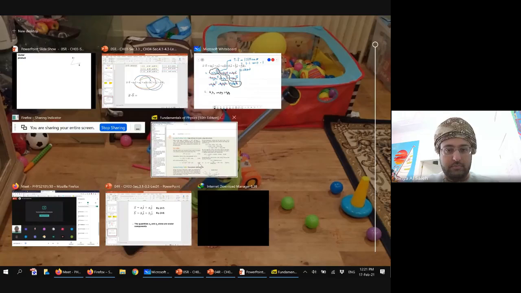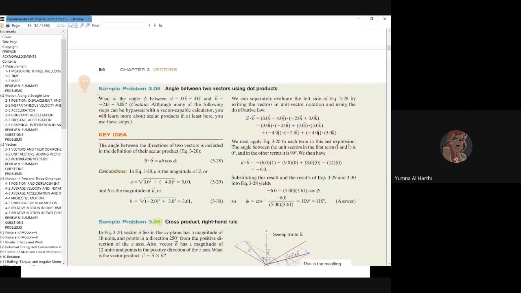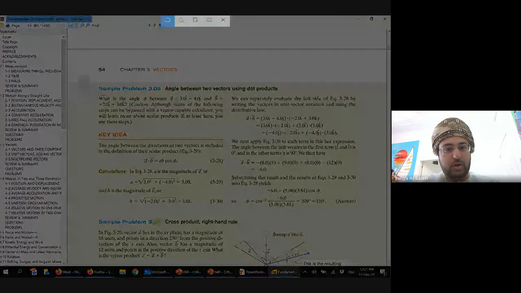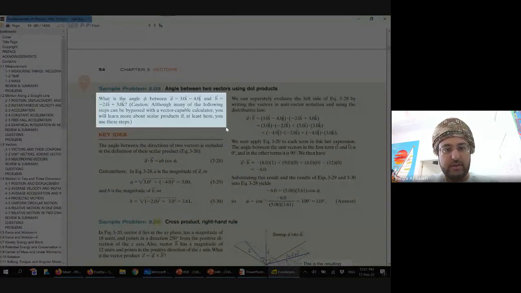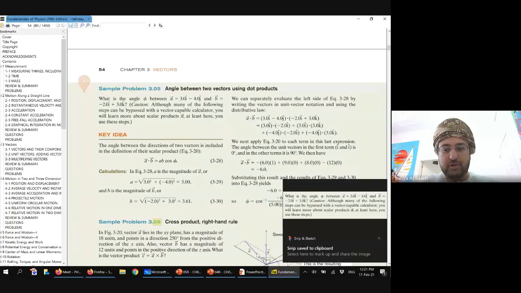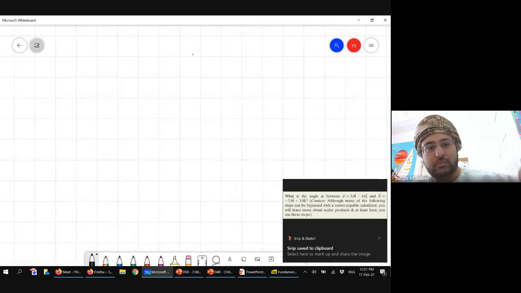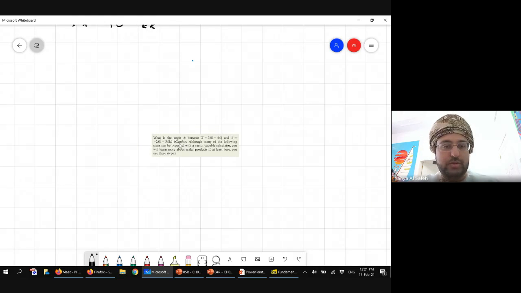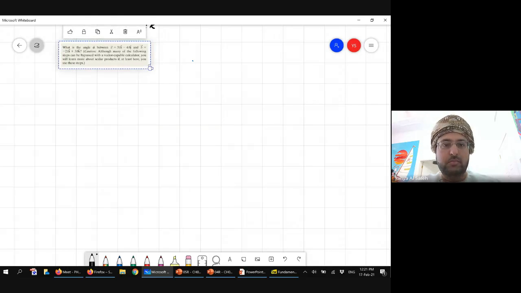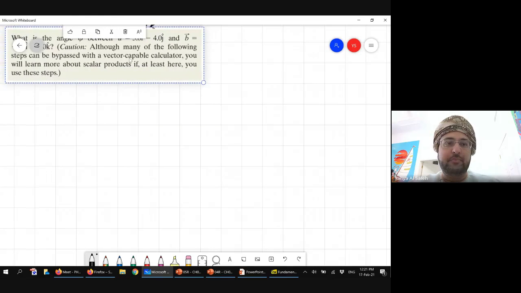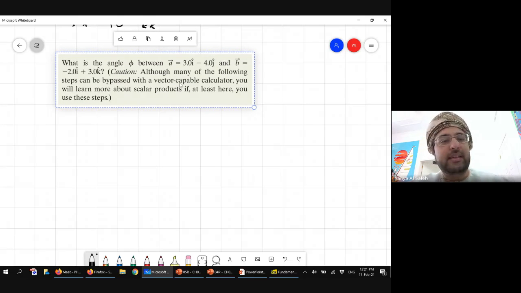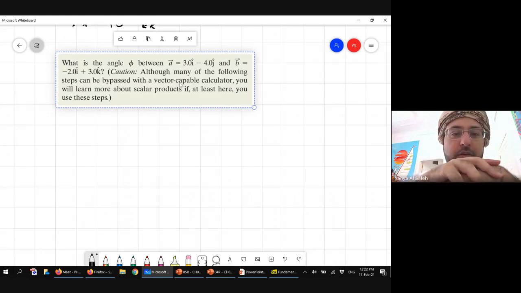Yes. Now quite a few of you said you were confused in the survey by sample problem 3.05. So let us do sample problem 3.05. What is the angle theta between A equals 3i minus 4j and B equals minus 2i plus 3k?